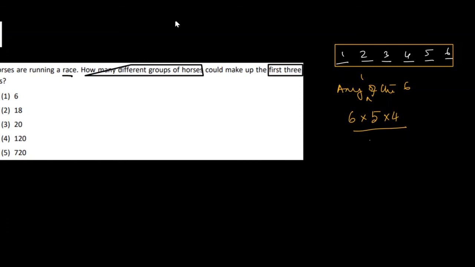That means this can happen in 6 into 5 into 4 by 3 factorial ways. So in other words, we can choose 3 horses to be in the first 3 spots in 6C3 ways, and that means that this is equal to 20 ways.